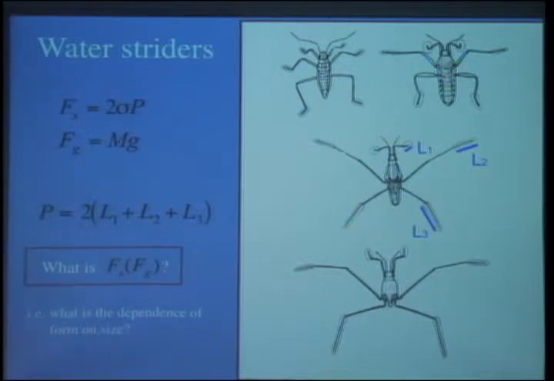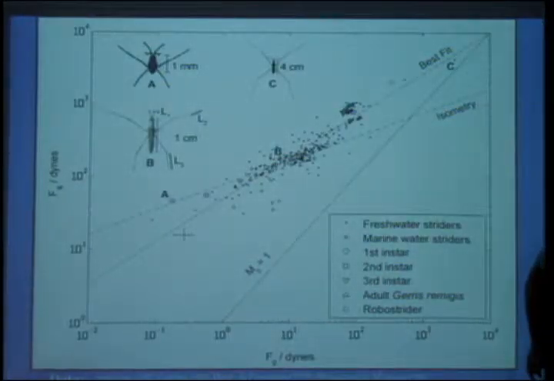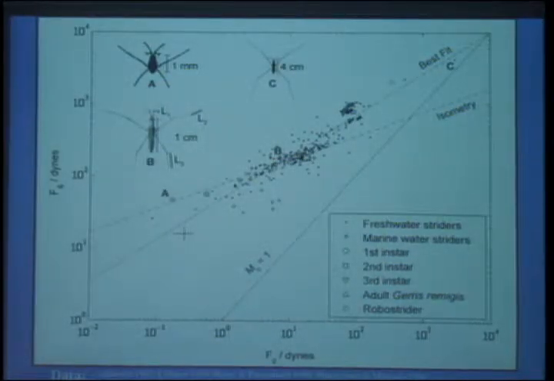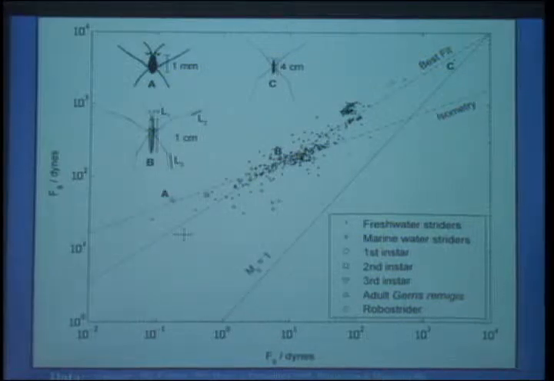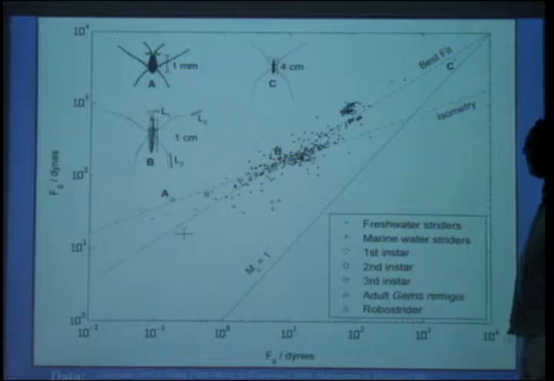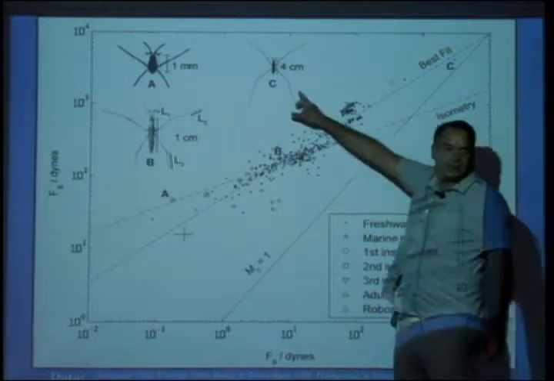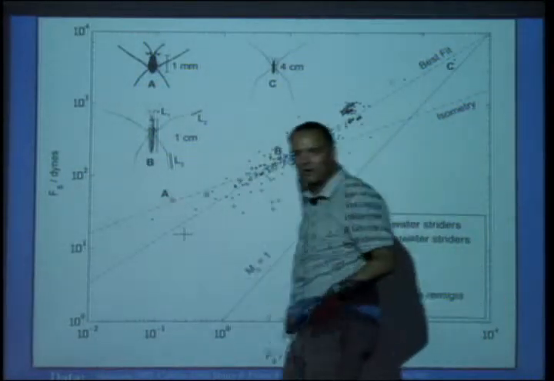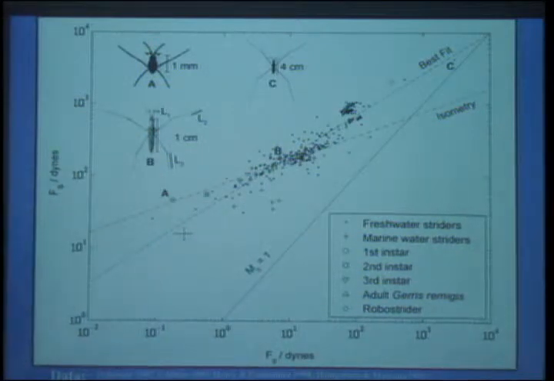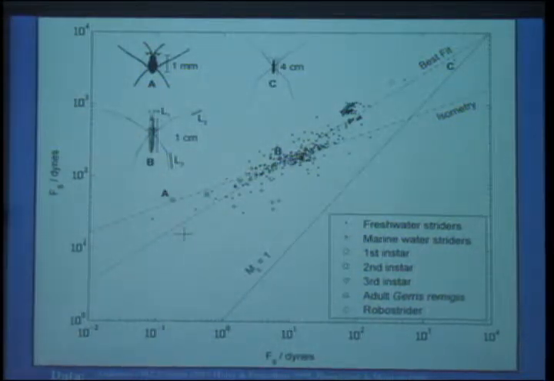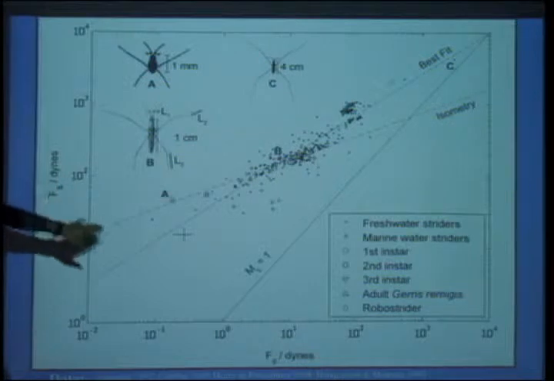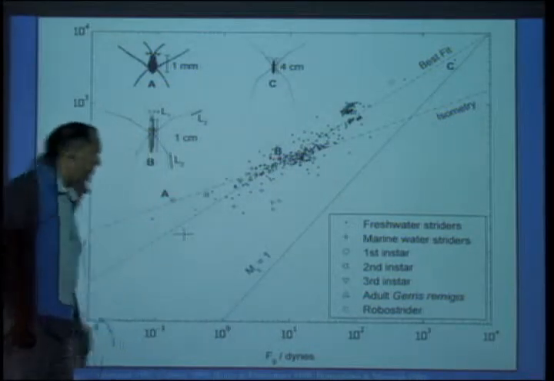And so my student dug through the literature. The biggest is a Vietnamese water strider, which is 14 centimeters in length. It kind of looks like this. It has very long legs. This is the required surface tension force as a function of the weight of the object.